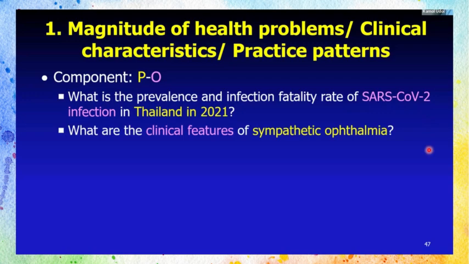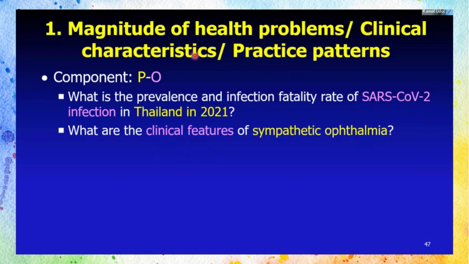What are the clinical features of sympathetic ophthalmia? Okay, this is a disease, a condition. What are clinical features? How is this disease presented? What characteristics?